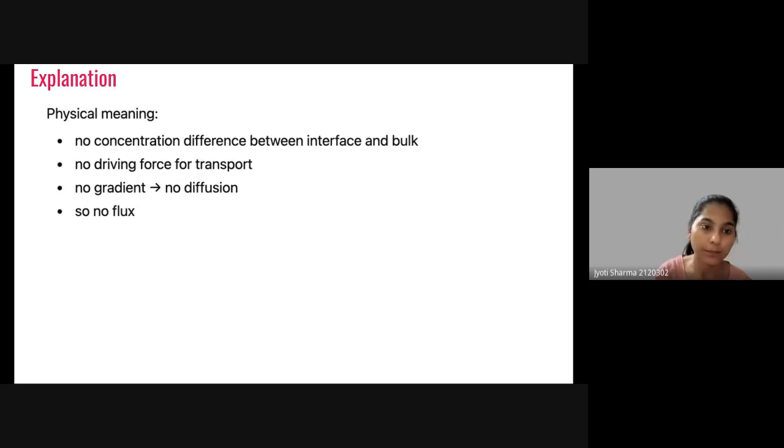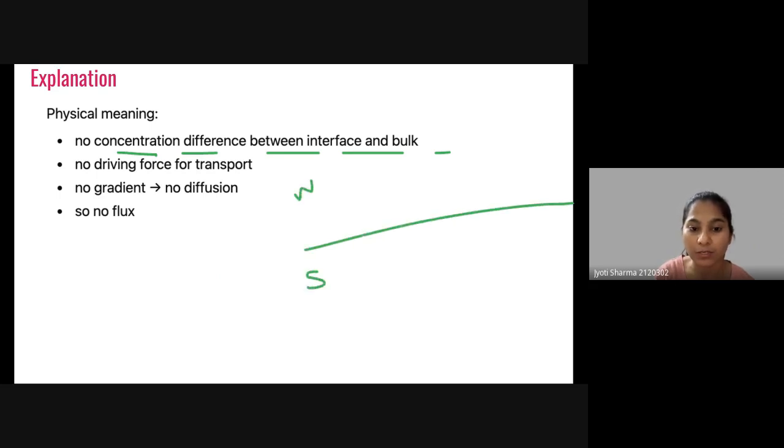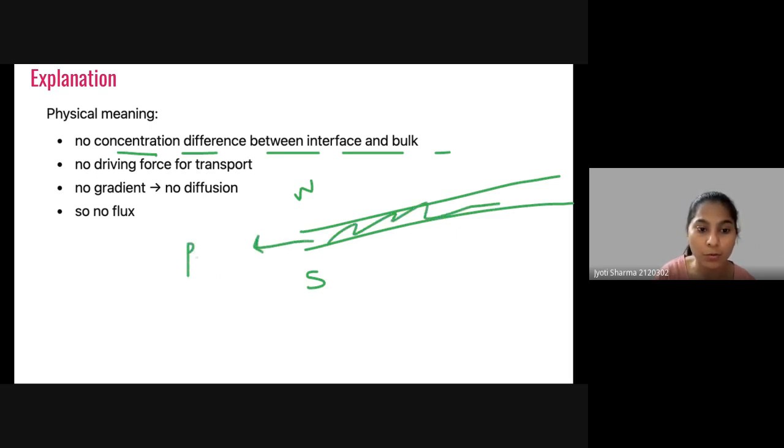So it means there was no concentration difference between interface and bulk. This was your sediment side and this was your water side, and at the interface you had the concentration rho A2 node, you can say node right now, because here Z is equal to 0.